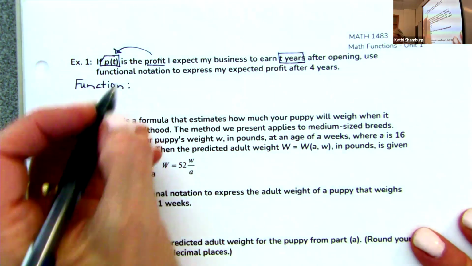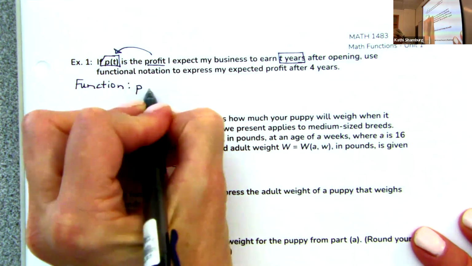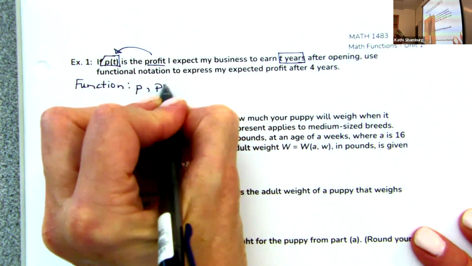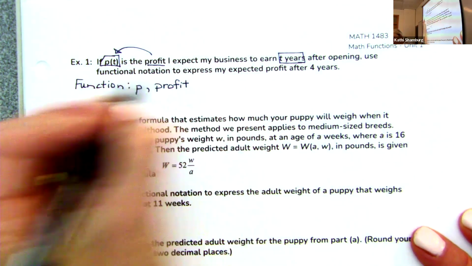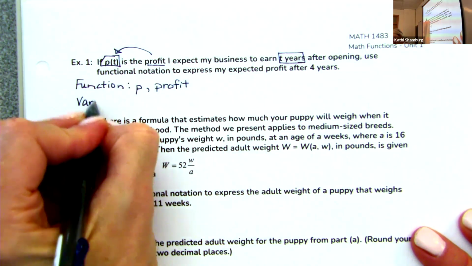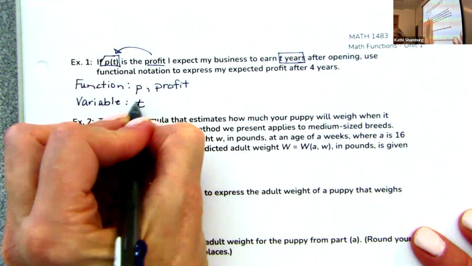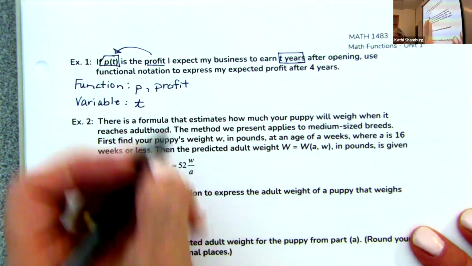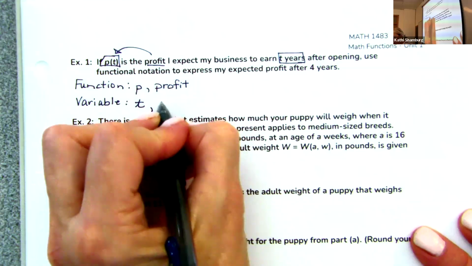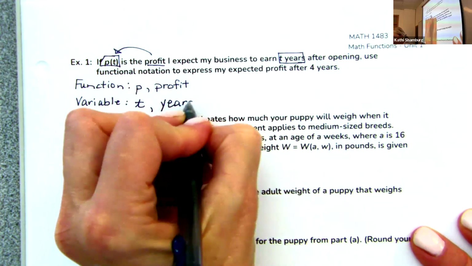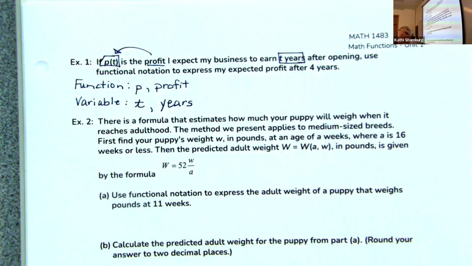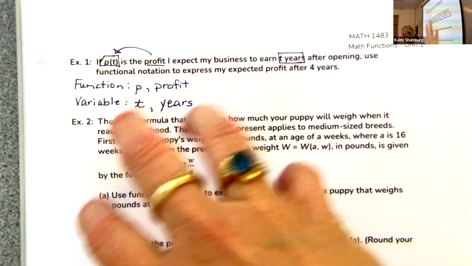Okay, so my function, I'm going to define it as P, which we said was profit. I'm going to define my variable, and T is in the parentheses. So T, and you told me that was years. All right, so that's my practice, right?